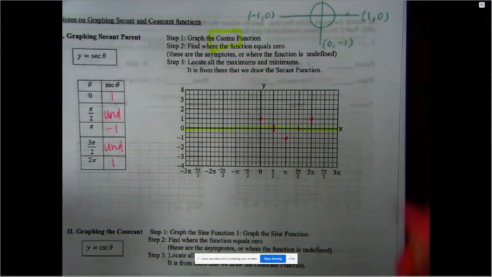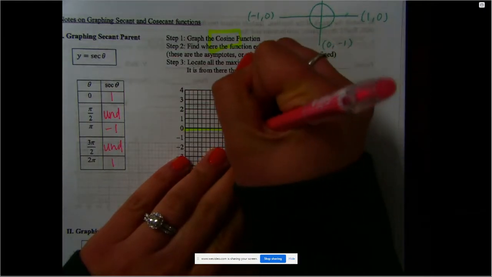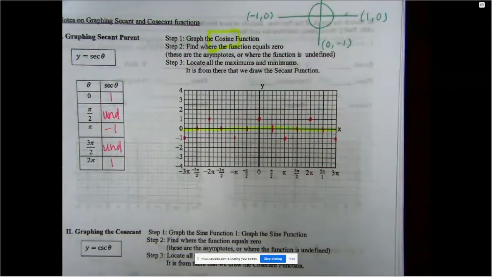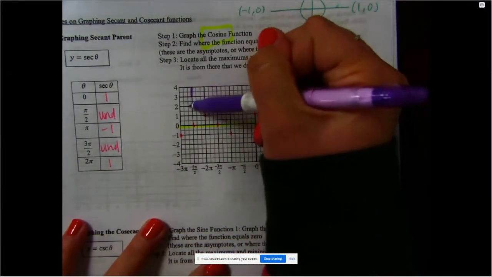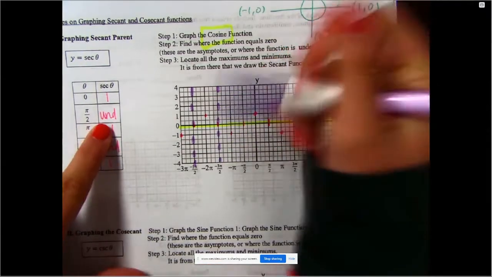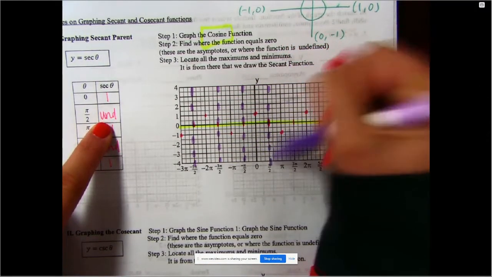So I'm going to continue across the whole graph using this pattern. I'm basically just graphing cosine, but then I'm going to plot the points a little bit differently. So all these coordinates on the sinusoidal are now going to become my asymptotes. That's what undefined is. Asymptote, asymptote, asymptote.